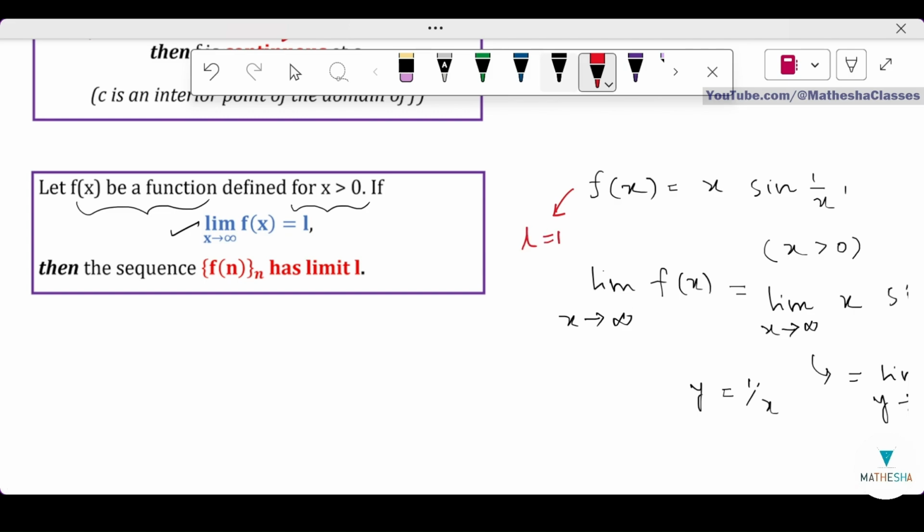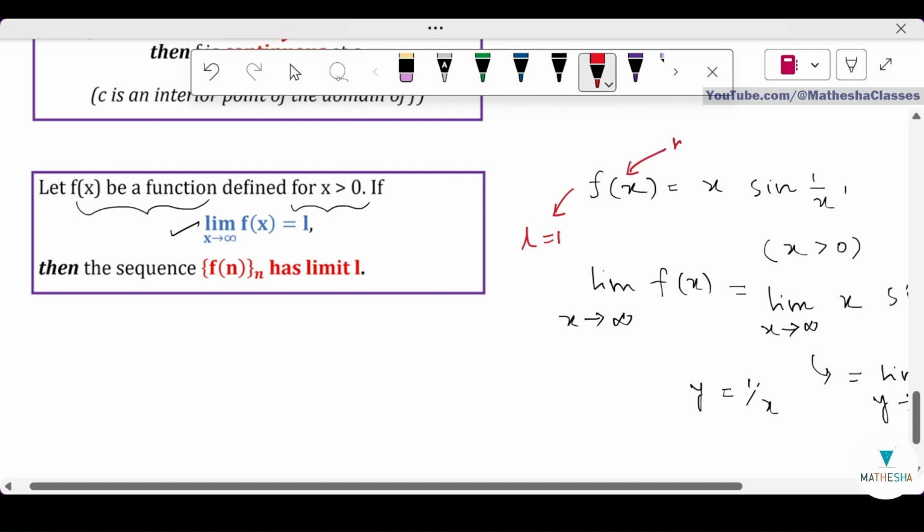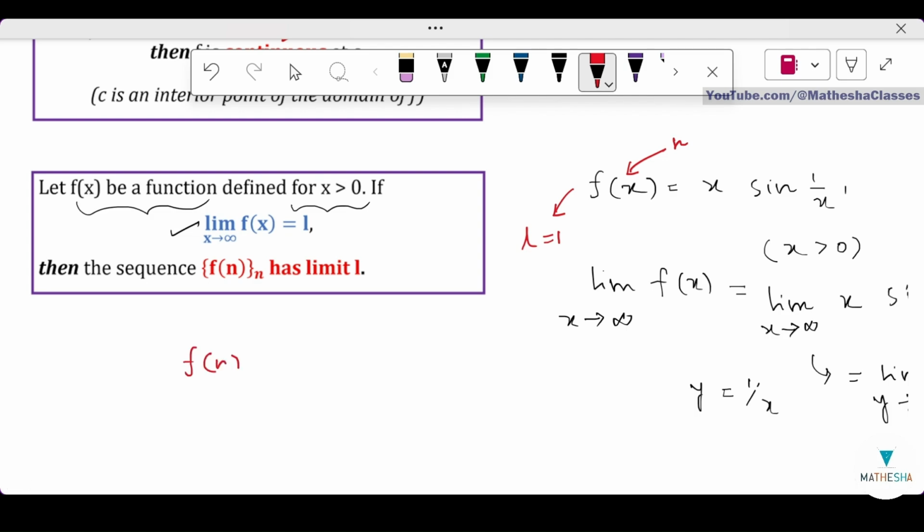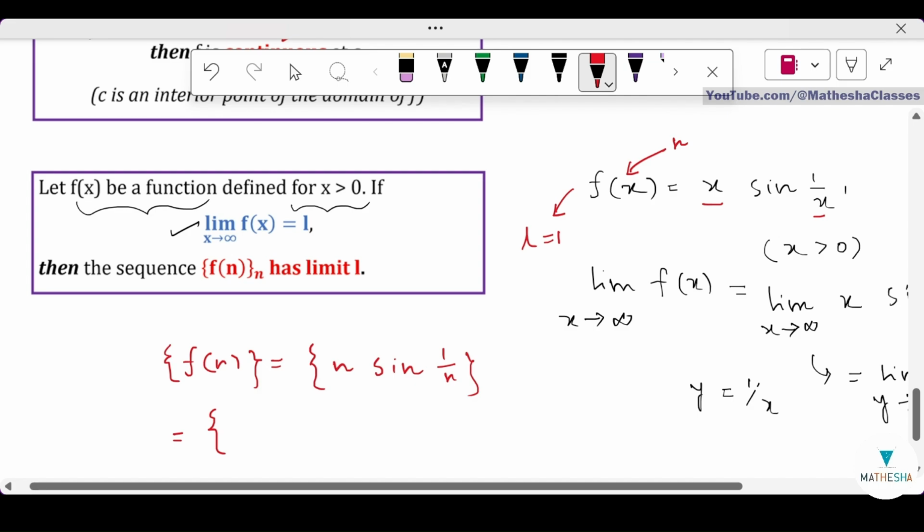And now if you construct a sequence by replacing x with n, मतलब if you consider the sequence f(n) means हम जहां जहां x था वहां पे n बिठा देंगे. So it will be n sine 1 upon n. So this is the sequence. So that means if you expand it, the first term will be 1 sine 1.